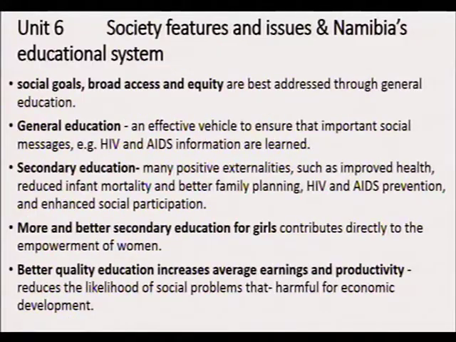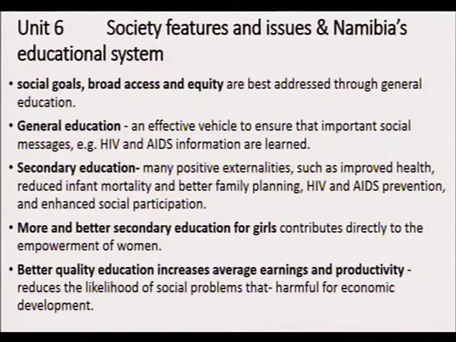We move over to Unit 6, where we look at the society features and issues and Namibia's educational systems that have the ability to address social goals, broad access and equity. For instance, through general education, we can ensure that important social messages regarding HIV and AIDS information are learned.